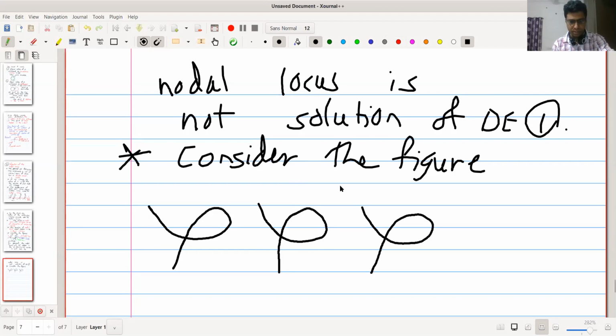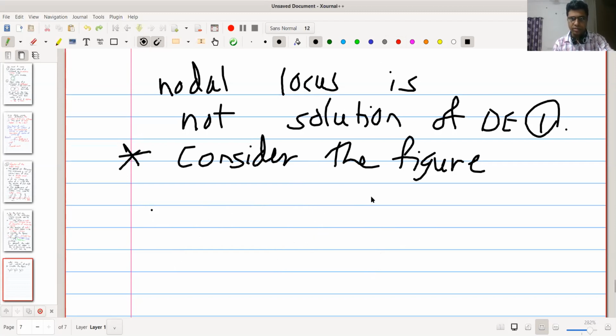Instead let me sketch the curve first. So situation is like this.